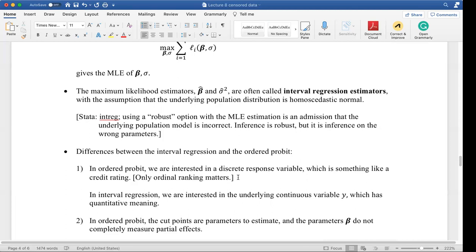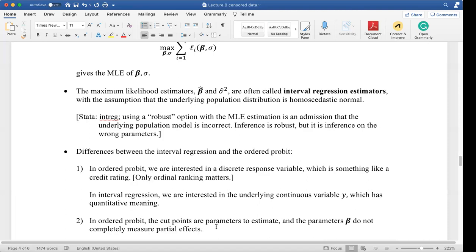However, in interval regression, we are interested in the underlying continuous variable y, which has quantitative meaning. Though we're working data-wise using intervals, the underlying variable is continuous, and that has quantitative meaning.